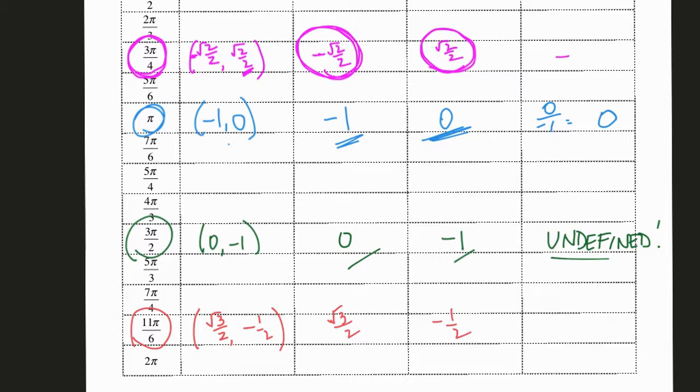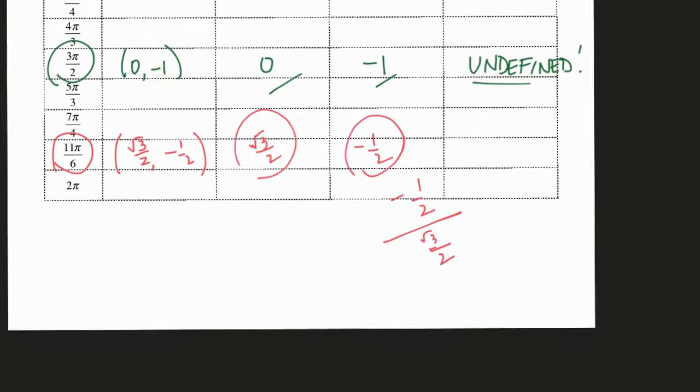But the tangent here, when I take this and I divide it by this, that's a complex fraction. It's a gross complex fraction. All right, we're going to need to simplify it and reduce it. So let me change it to a multiplication problem. Hold on one sec.